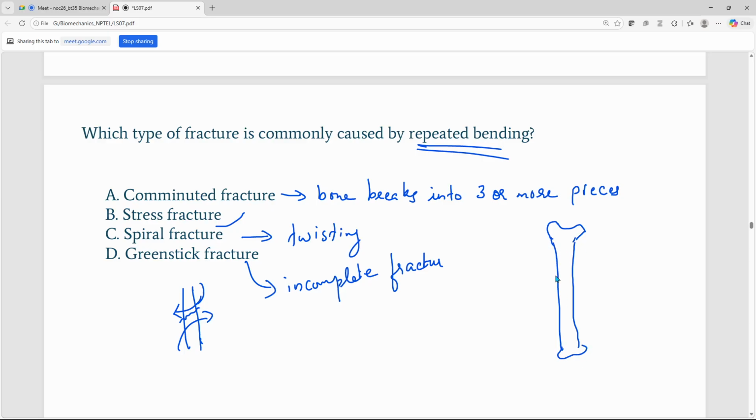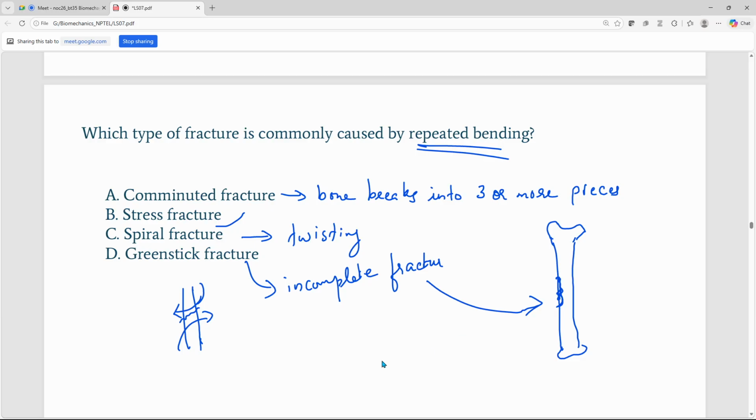Imagine this is a bone and there is some fracture on one side, a chipping fracture or something like that. Such fractures are known as green stick fractures. So it's not a complete fracture, where the bone completely snaps away, but it just breaks.